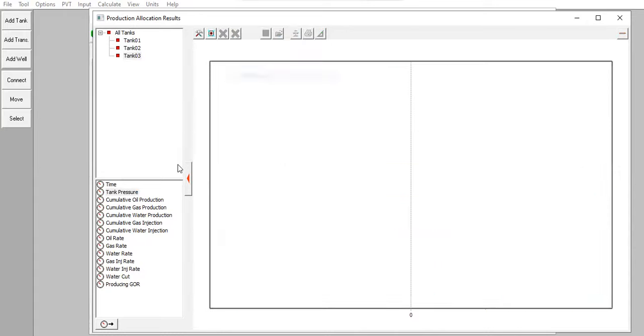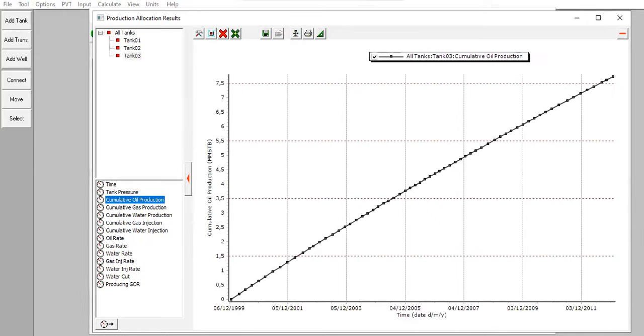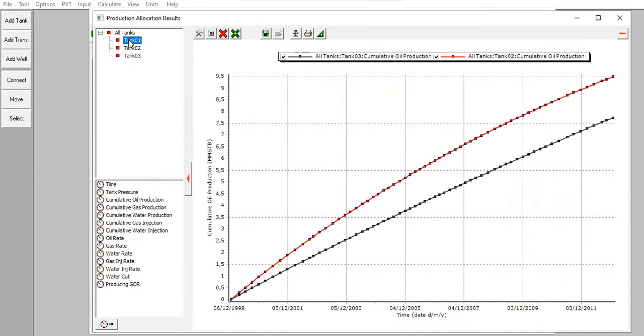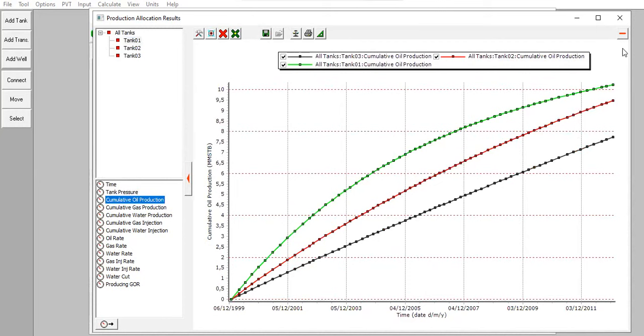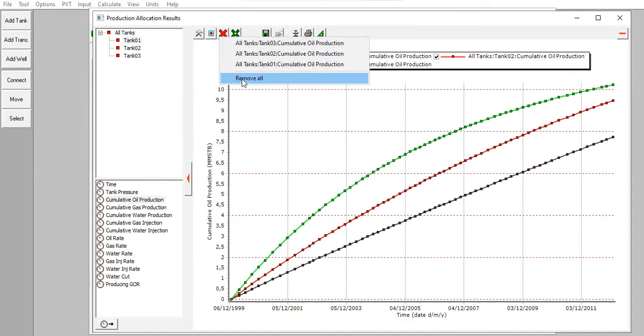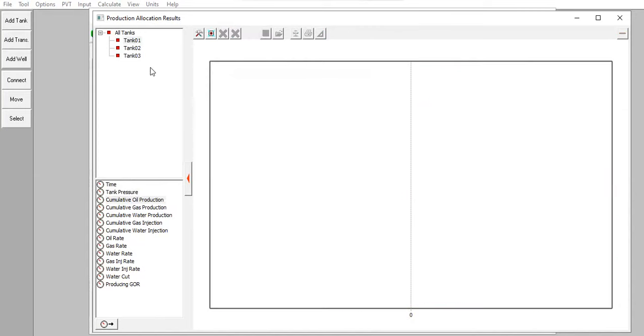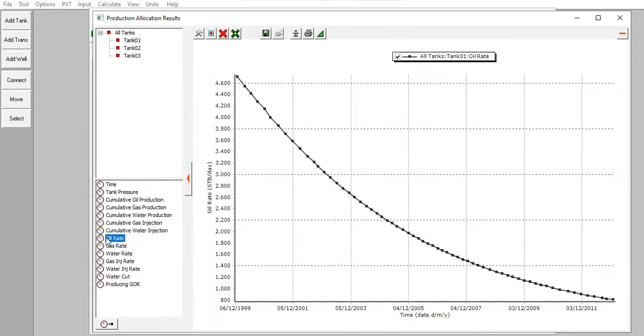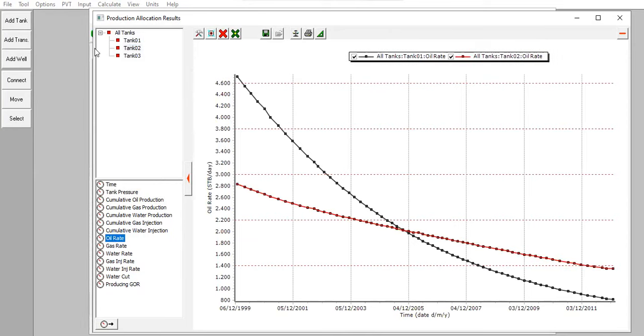Okay, remove all. Cumulative oil production, tank 1, tank 2, tank 3. All right, remove all. Tank 1, oil rate. Tank 2, oil rate. Tank 3, oil rate.